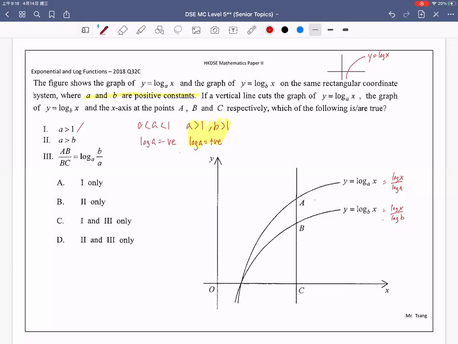And then if we know the first statement is true, we only need to check whether the second statement is correct or not.